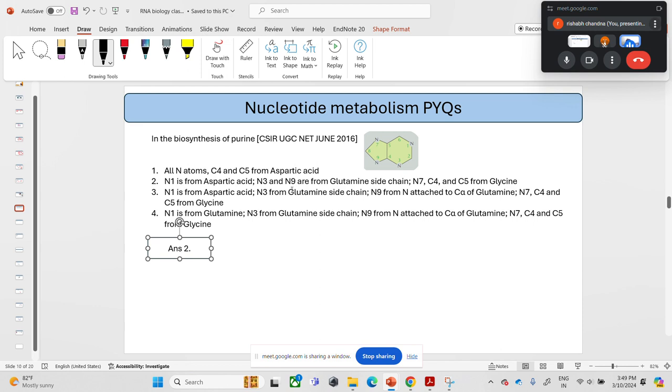Another: N1 is from aspartic acid, N3 and N9 are from glutamine side chain, N7, C4 and C5 from glycine. Another: N1 from aspartic acid, N3 from glutamine side chain, N9 from N attached to C alpha of glutamine, N7, C4 and C5 from glycine. The last option: N1 is from glutamine, N3 is from glutamine side chain, N9 is from the N attached to C alpha of glutamine, and N7, C4, C5 from glycine. Can you now answer?